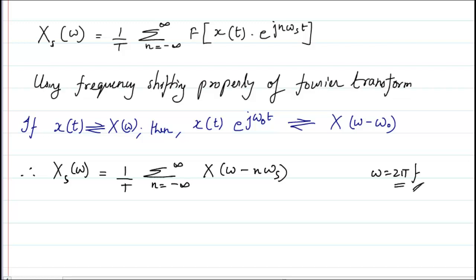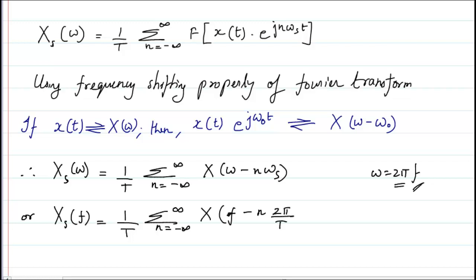So I can write this also as, or Xs of f will be equal to 1 by T summation n is equal to minus infinity to infinity capital X, and here instead of omega I will write f minus n, and omega s can be written as 2 pi divided by capital T. Okay, where the 2 pi factor will go, and I will get 1 by T, where 1 by T can be written as fs.